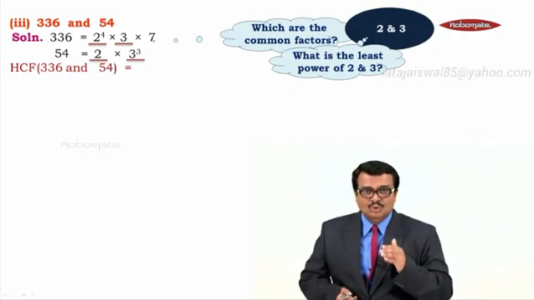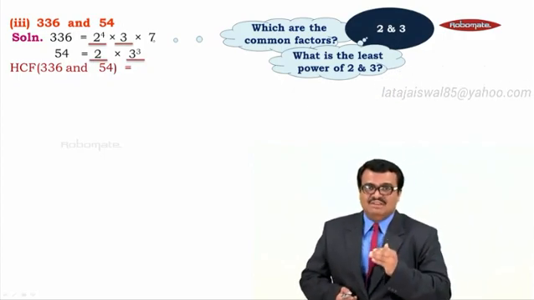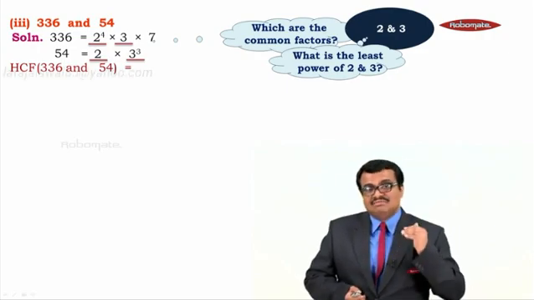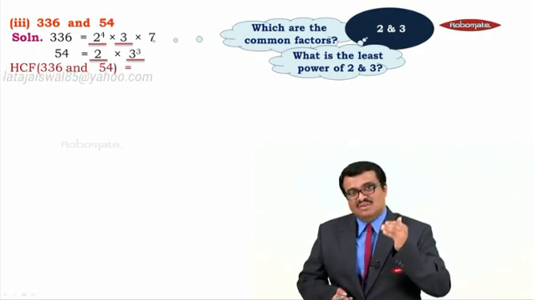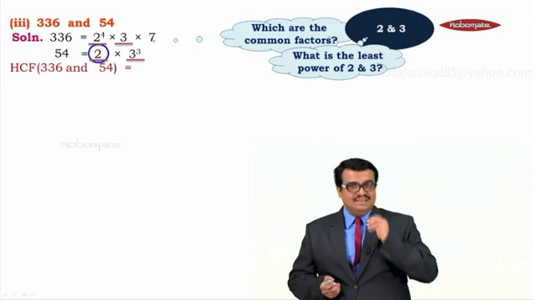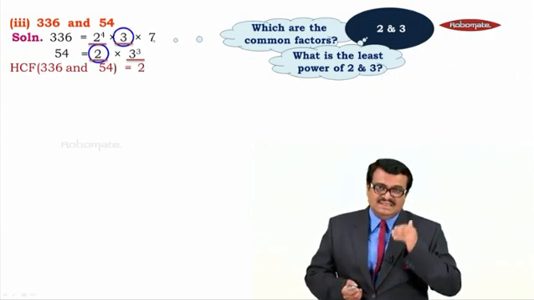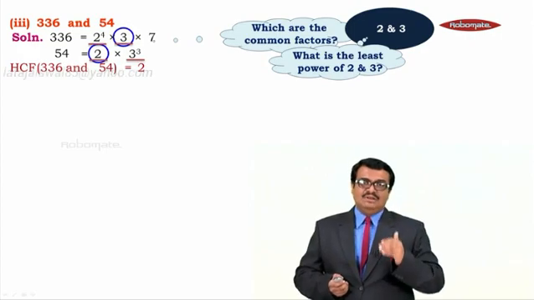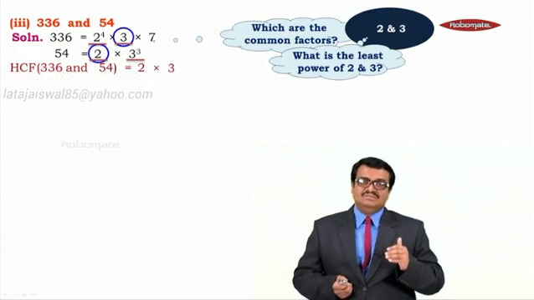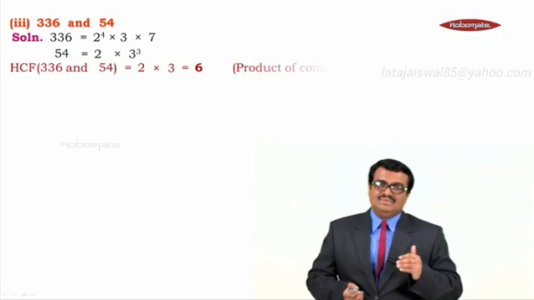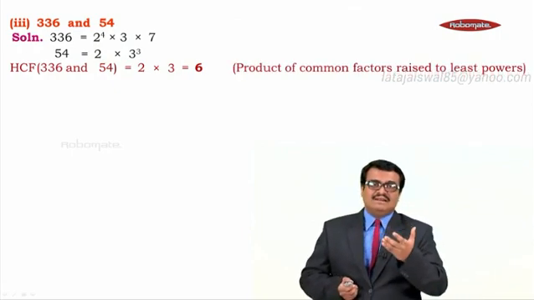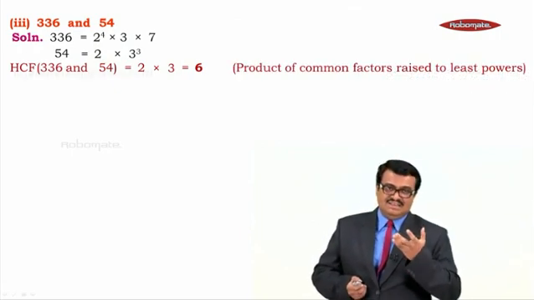The least power of 2, you will see it in the second number, 54, that is 2. And the least power of 3, you will see it in the first number, which is 3. The least power of 2 is 2 and the least power of 3 is 3. Okay. So HCF of 336 and 54 is 2 into 3 equals 6. Product of common factors raised to least powers, HCF we get.